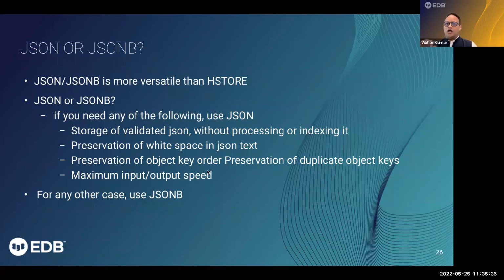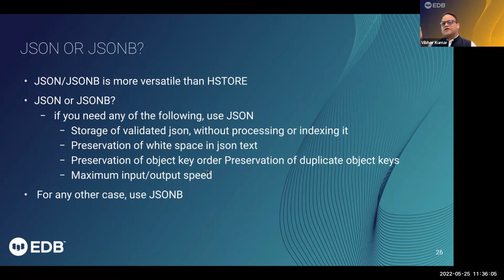It maintains all the key and value structure as it is, in whatever form you are inserting the data, right? It also preserves duplicate values. If you have a JSON structure where you have a duplicate key, it will keep it as it is inside the database. And again, it is optimized just for storing the data and extracting the whole JSON document as it is, right?